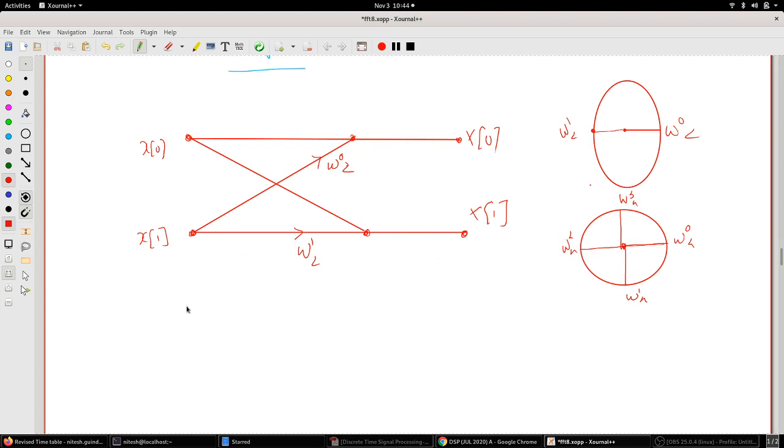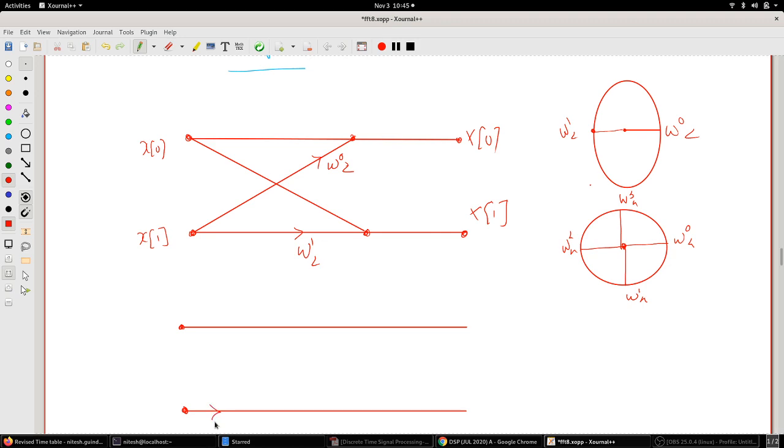So what it means is I can actually optimize this structure with only half the number of multiplications. So let me just see this. Think about this.